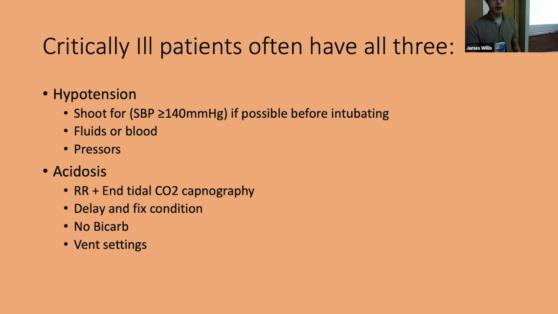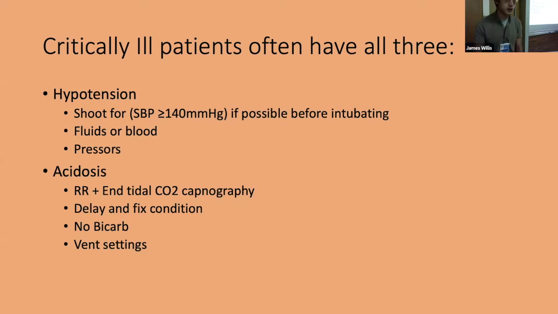If metabolic acidosis is suspected, the best strategy for these patients is to delay the intubation if at all possible. You can temporize with non-invasive positive pressure ventilation and try to fix their underlying condition. So you want to think about things like drug overdoses or DKA. There's controversy surrounding the use of bicarb, but current guidelines don't recommend its use.